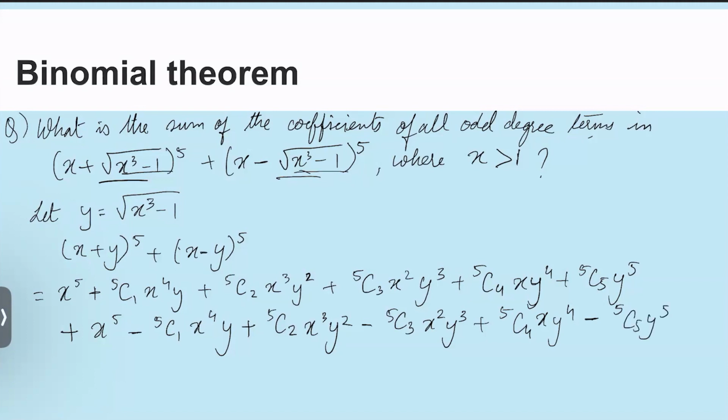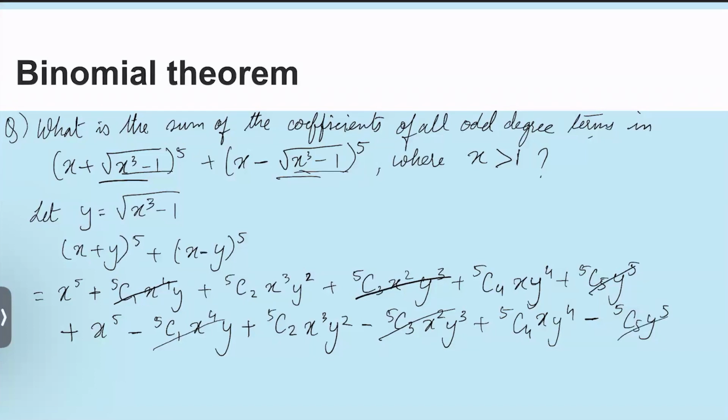Okay, so over here, we can see that some of the terms will get cancelled because you have plus and minus. So for this expansion, this term will get cancelled and this term will get cancelled and also this term.